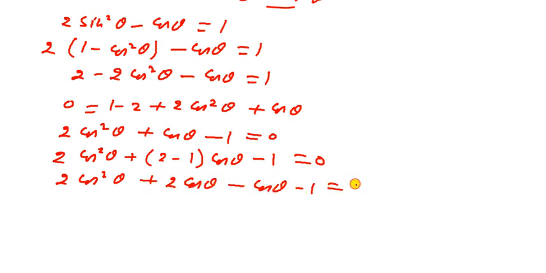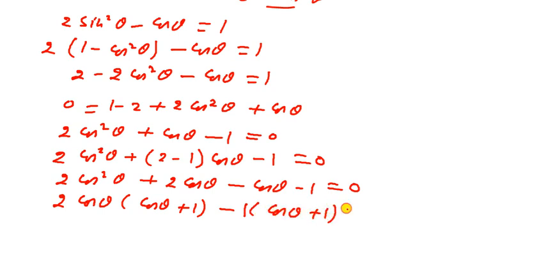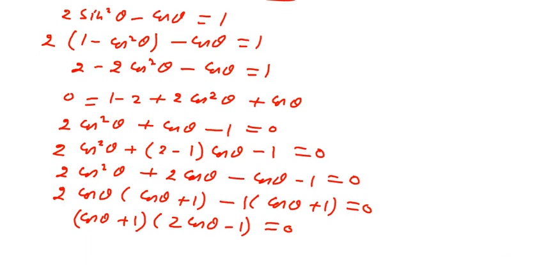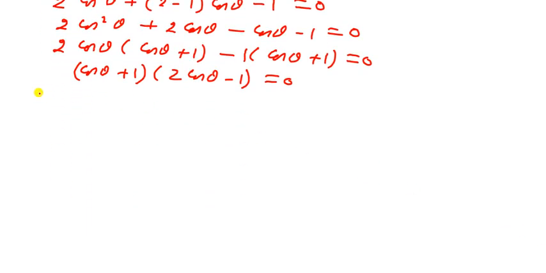So here is 2 cos square theta plus 2 cos theta minus cos theta and minus 1 equal to 0. 2 cos theta as a common, so we get cos theta plus 1, and minus 1 is common here, we get cos theta plus 1. Now cos theta plus 1 as a common factor, and in the second we get 2 cos theta minus 1 equal to 0.